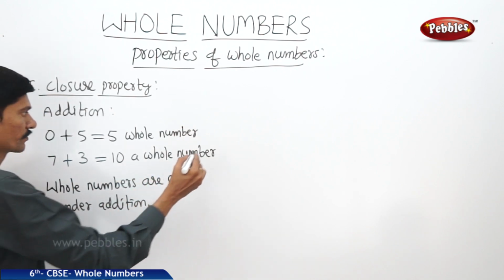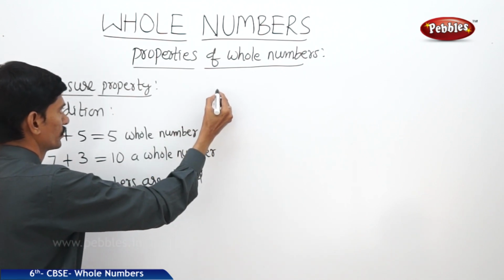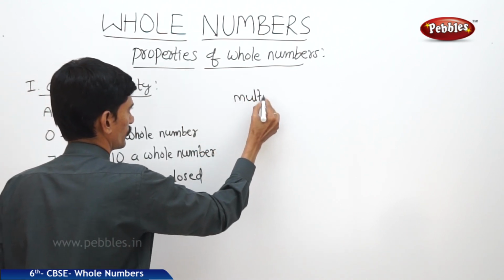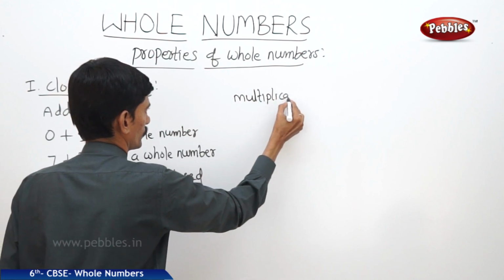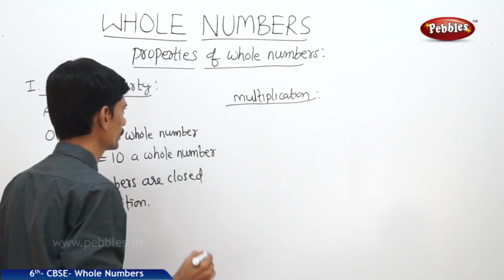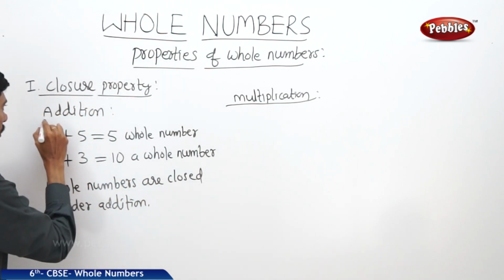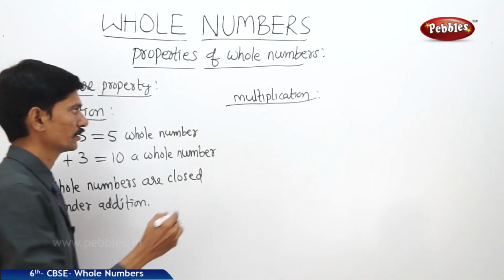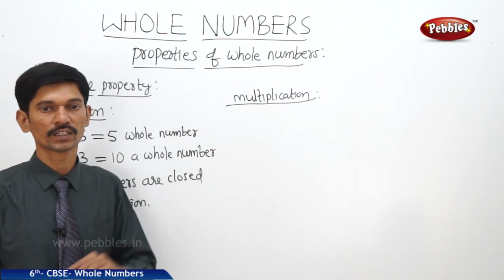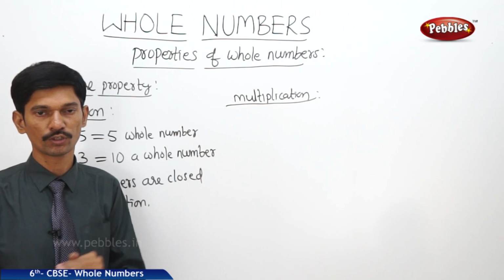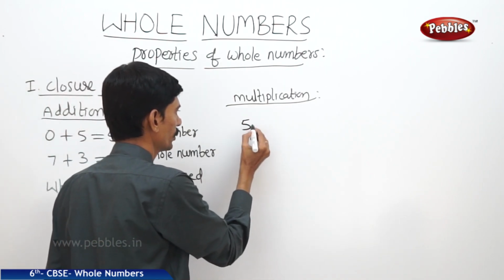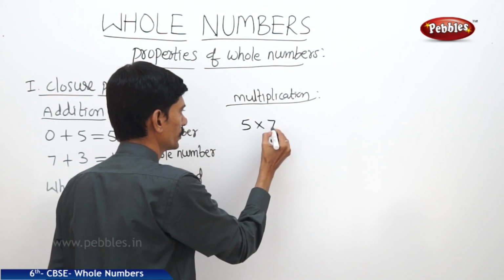Now next, under multiplication. Let us see the closure property under multiplication. If you take any two whole numbers and multiply, then we get the product also a whole number. For example, 5 is a whole number and 7 is a whole number.